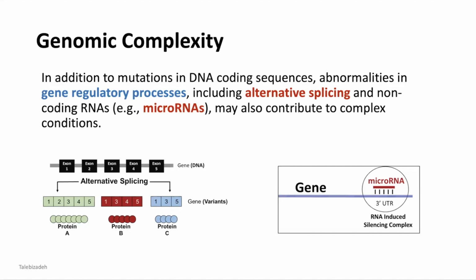Alternative splicing is a process by which different assemblies of exons may be made, resulting in different versions of a gene. Non-coding RNAs, such as microRNAs, do not code for proteins, but may bind to the protein coding genes and regulate their expression level.